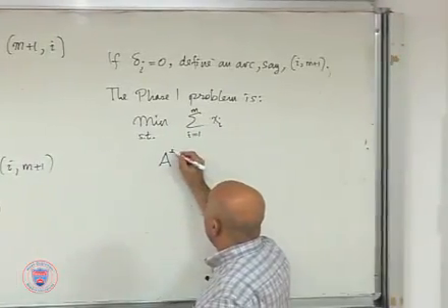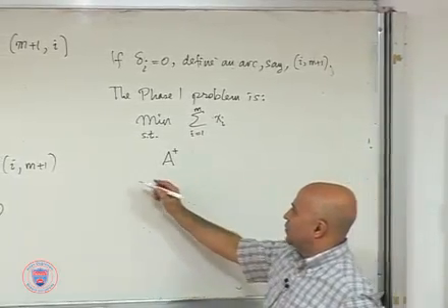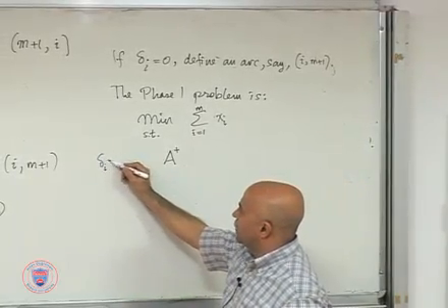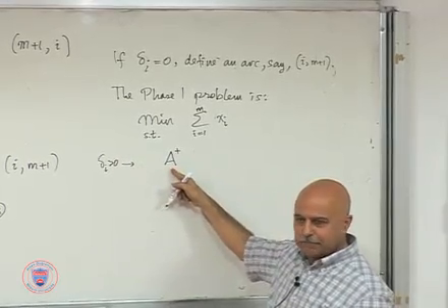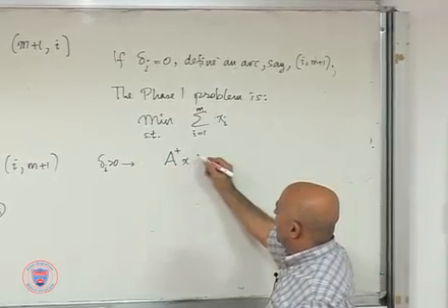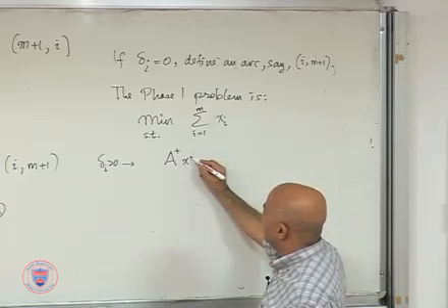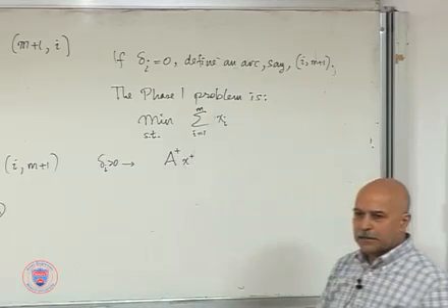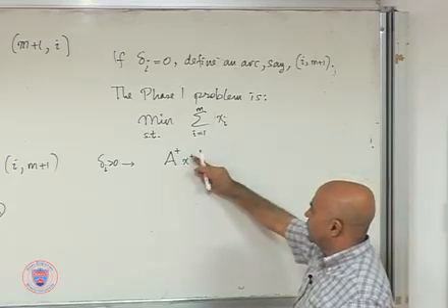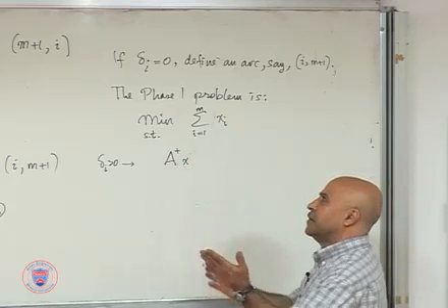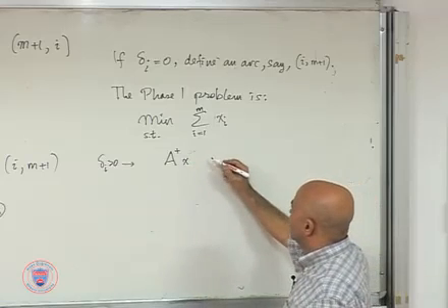So whenever delta i is positive, then row i goes into A plus, okay? And of course, the vector x is also partitioned in the same way, say x plus, okay? Associated with the arcs. Well, actually, x does not change. Yeah, x does not change, sorry.